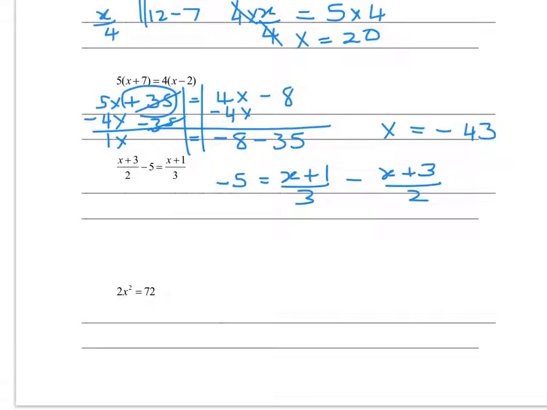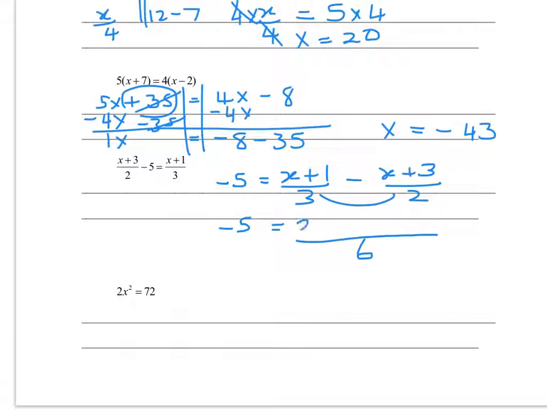Now remember with your fractions here, to make it one fraction, we can multiply the bottoms together. 2 times 3, we multiply that to make 6 on the bottom, and then we're going to cross multiply the top.